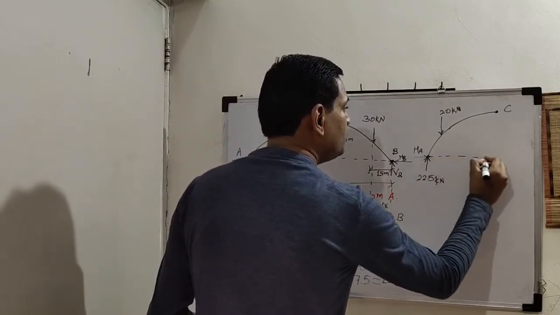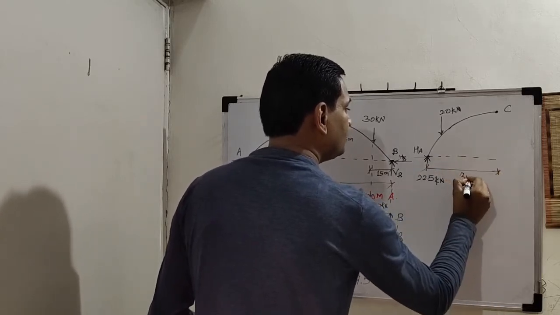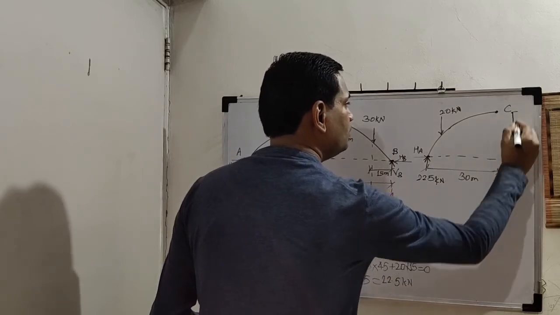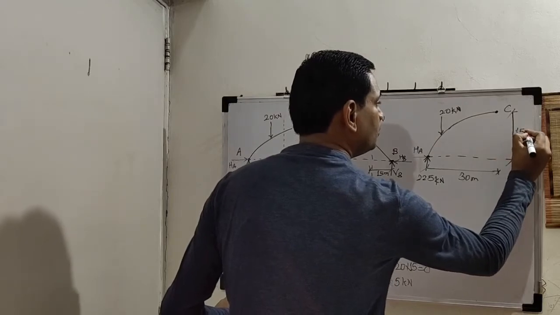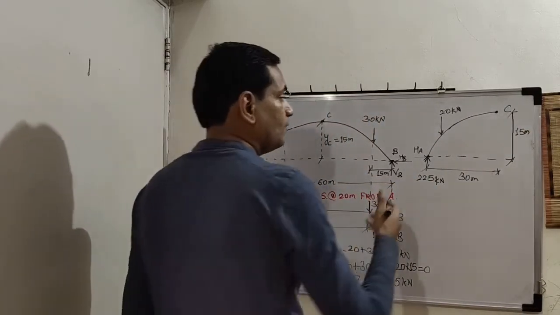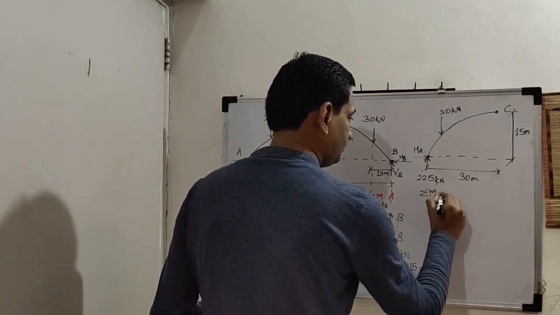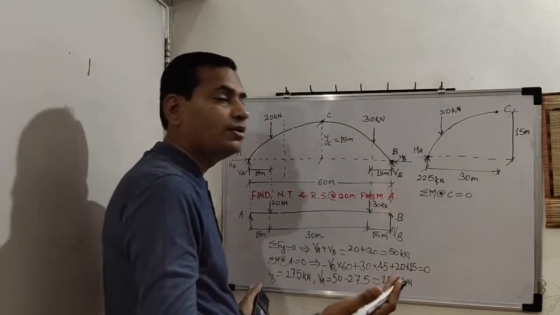So how much is this distance? 30 meters, correct? Half. And how much is vertical? Central rise is also given, 15 meter. So from this we are going to get the horizontal reaction. Take summation of moment about C, that is moment at crown.